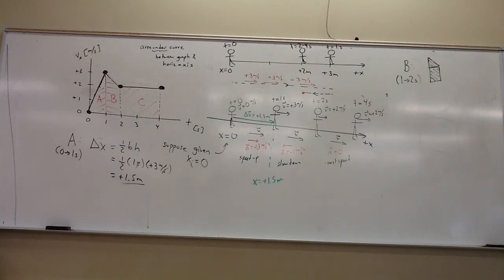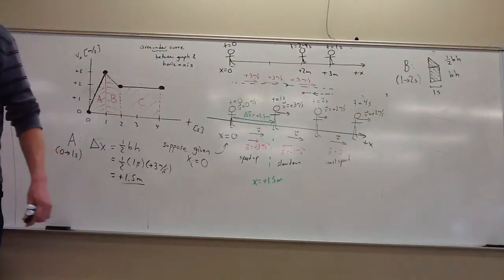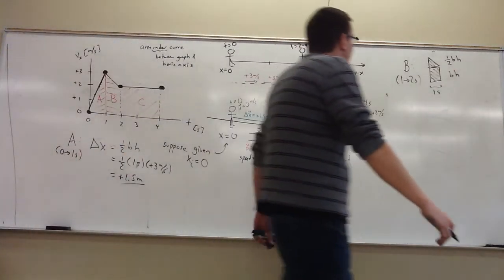Question? No? Oh, okay. So let's work out 1/2 base times height for this one, and of course the triangle is 1/2 base times height. They have a common base, by the way. The common base is 1 second. Of course, that's because I'm restricting my calculation of the area under the curve to this 1 second. So that sets the side borders.